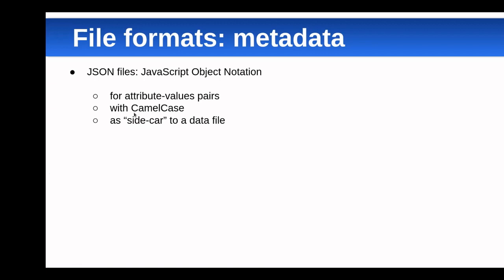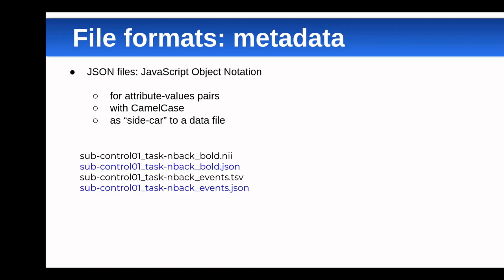We use those in BIDS to store information that goes in pairs, where you have an attribute and a value associated with it. The way they also function in BIDS is that they're called sidecar files, meaning that you have a data file, let's say a NIfTI image of a brain, or an EEG data file, and next to it you're going to have a JSON file that contains the metadata about this data file.